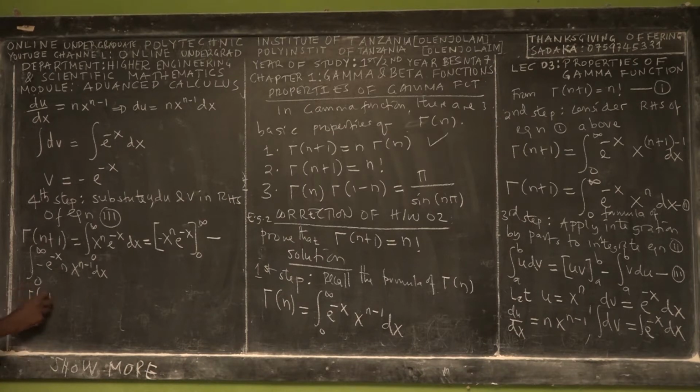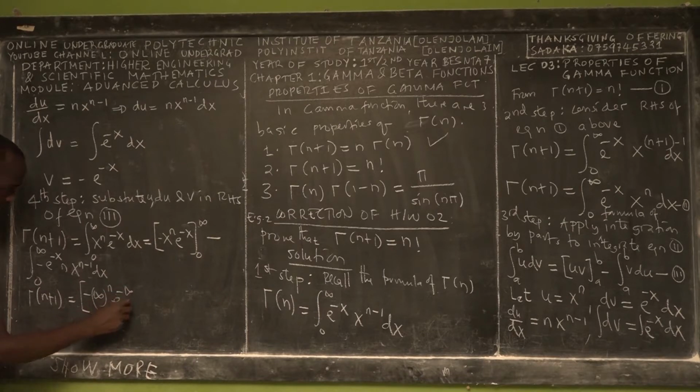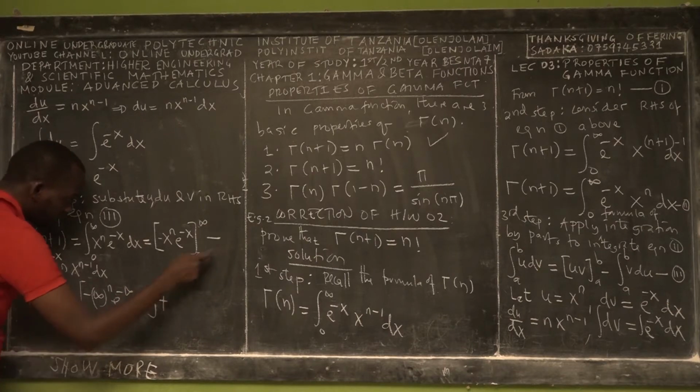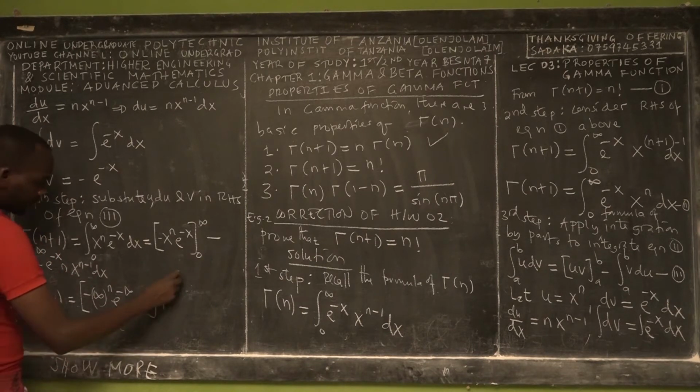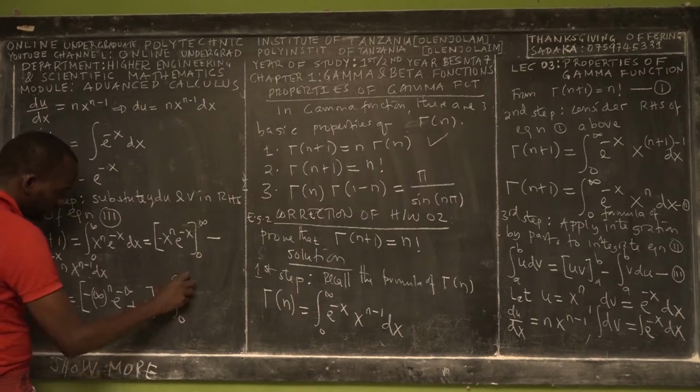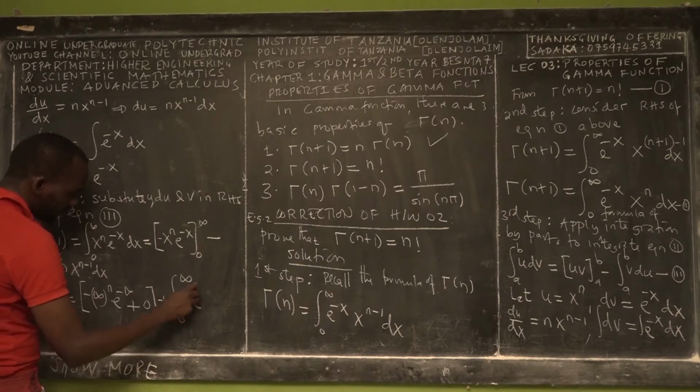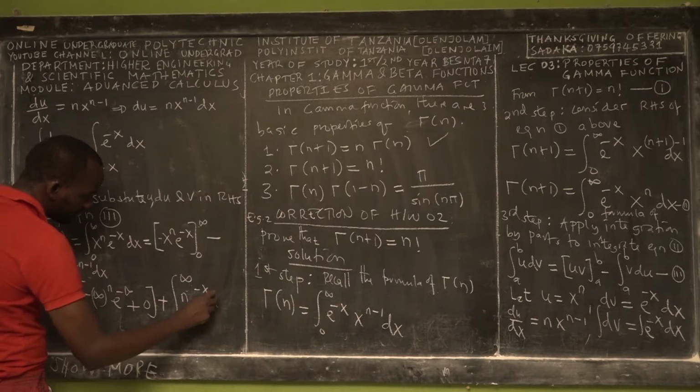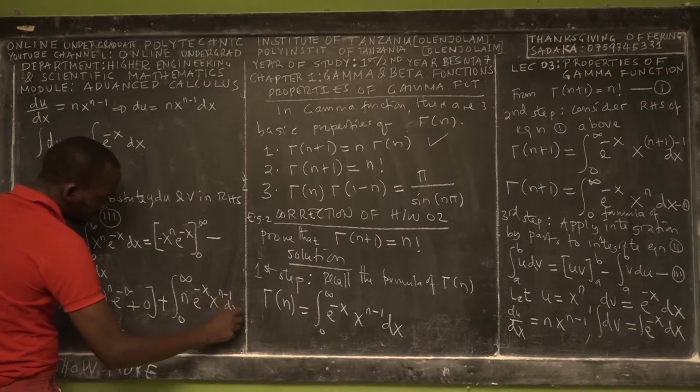So we have gamma of n plus 1 equal to, if you substitute infinity, negative infinity to the power n, then e to the power negative infinity, minus, plus 0. So negative is positive, the integral from 0 to infinity of n e to the power negative x, x to the power n minus 1 dx.